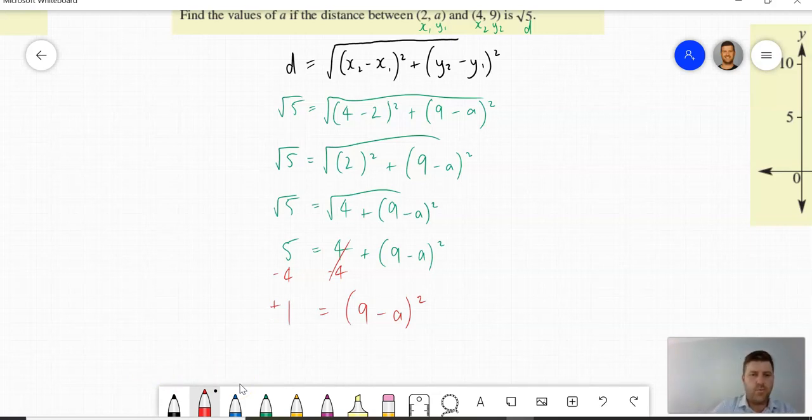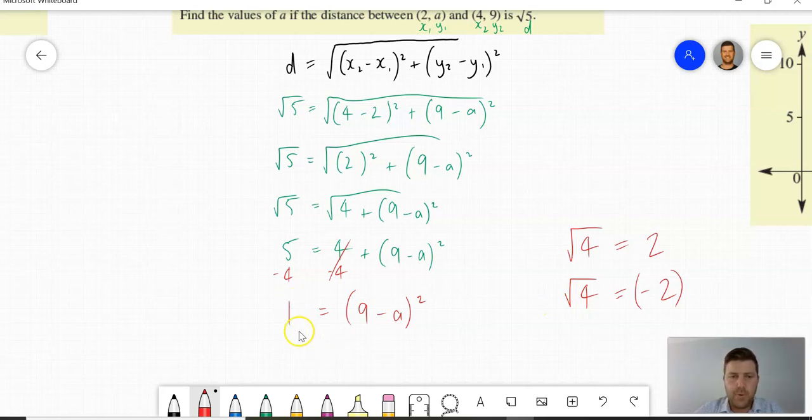Okay, and this is probably not a good example because I've got 1 here. But think of it this way: the square root of 4 could be equal to 2, 2 times 2. The square root of 4 could also be equal to negative 2. Negative 2 times negative 2, or negative 2 squared, is also 4.